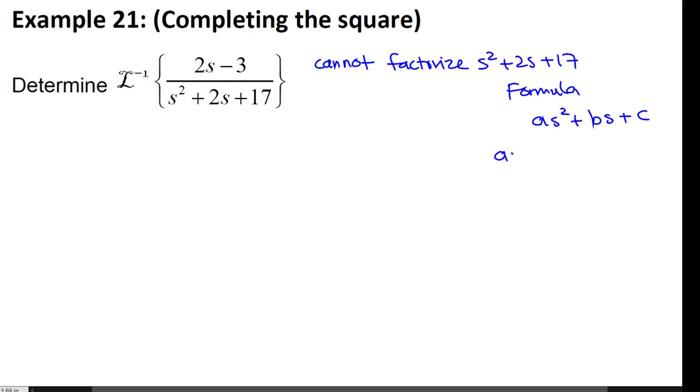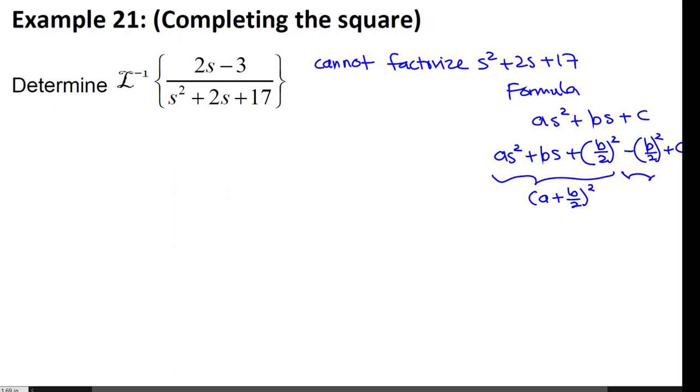So you have as² + bs + (b/2)² − (b/2)² + c. This one stands for (s + b/2)². So this one is negative (b/2)² plus c.